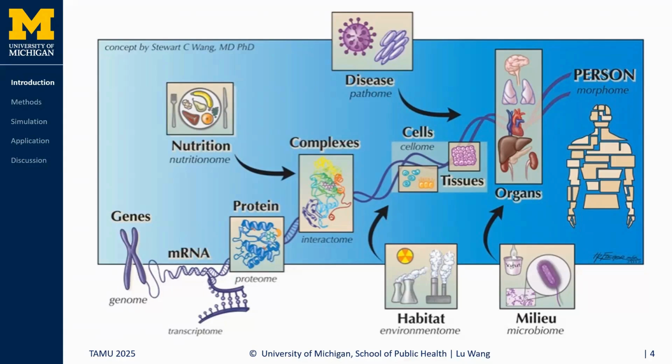But outside your body, you may have nutrition risk factors, environmental risk factors, your exposure to disease or to the microbiome. So with all of these, you want to see what risk factors are useful for disease diagnostics and for assigning treatment.